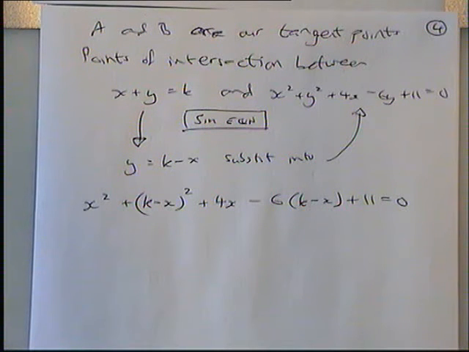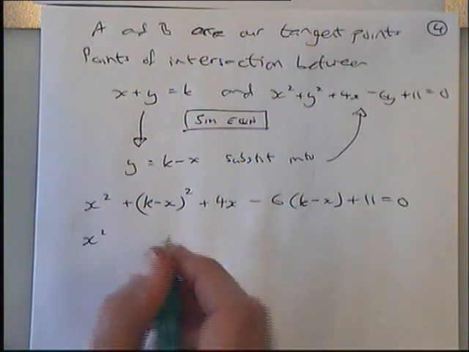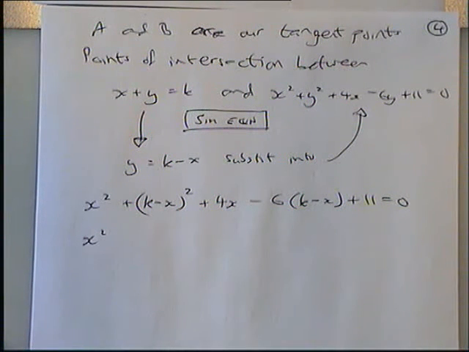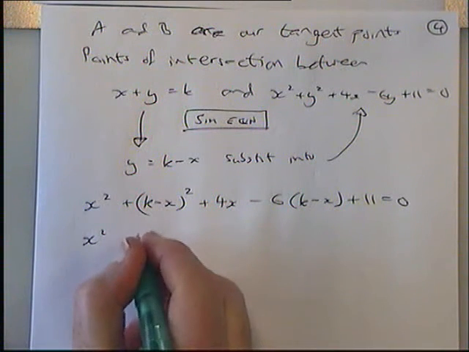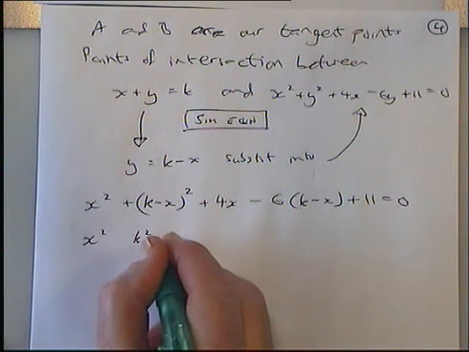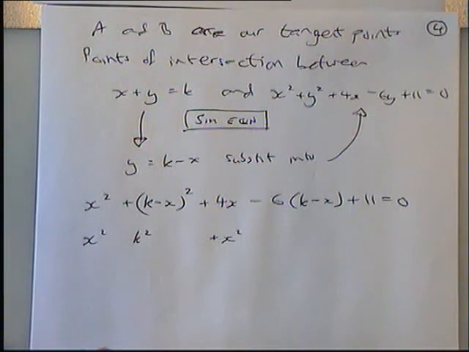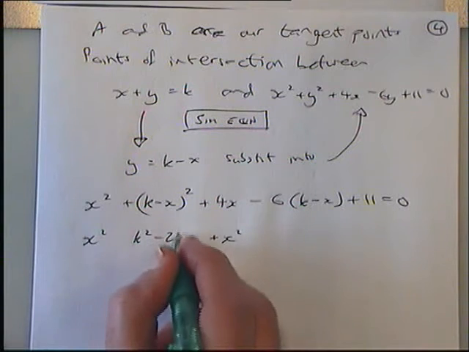We're happy with what's on the board there. Next thing to do, multiply out, get all the bits together. What's k minus x all squared? You can either do it as a multiplication grid if you need to. Some people may just be able to tell me. Go on. k squared plus x squared, and then minus 2kx. Yeah, that's right.